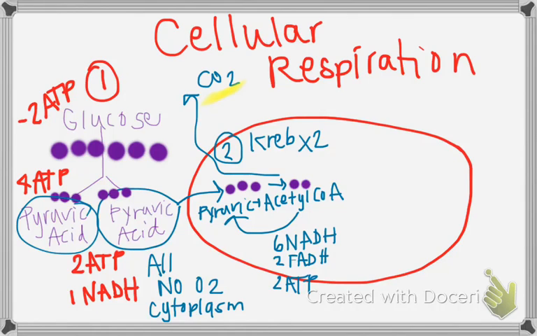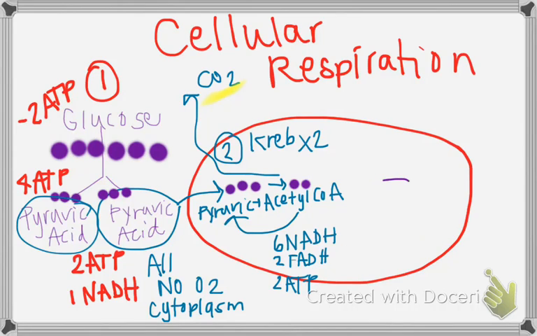So let me draw it in and I think you'll understand better. Remember the Krebs cycle happened on the inside of the cristae. So my cristae, I'm just going to draw right here, and that's folded to increase surface area, but just for room's sake, it's only kind of folded.